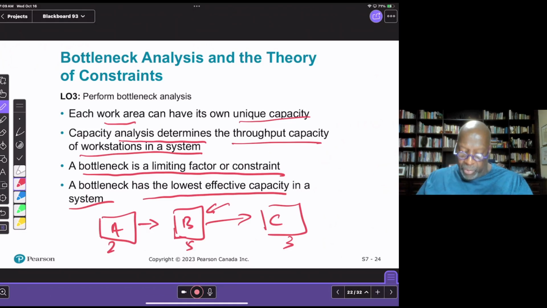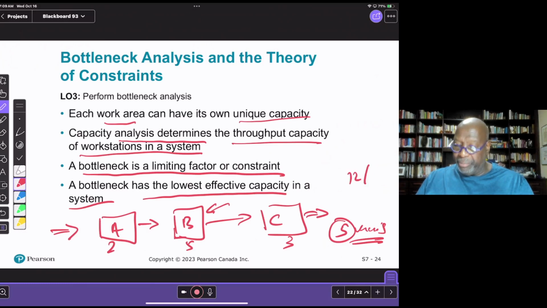And so you could only produce an item every 5 minutes. If you keep the flow of raw materials into your system, a product will emerge every 5 minutes. So in 60 minutes, you could produce 12 units per hour.